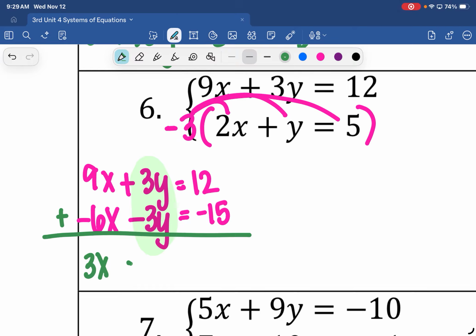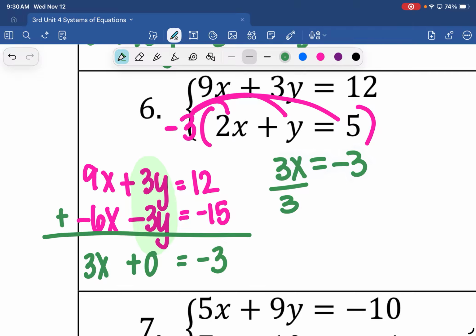What is 12 minus 15? Okay, so we get 3x equals negative 3. From there, what do we do? Divide by 3. X equals negative 1.